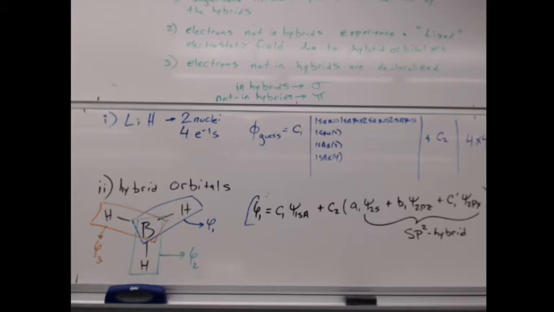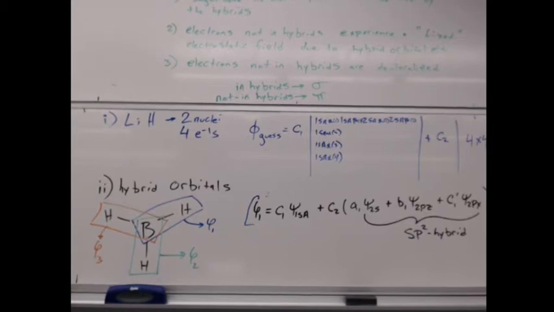This trick lets us split up the electrons that are in hybrids as a separate problem from the electrons not in hybrids. We get to treat the sigma electrons completely separate from the pi electrons. Is that true? Not really, right? This is an approximation that allows us to simplify what we have to solve.